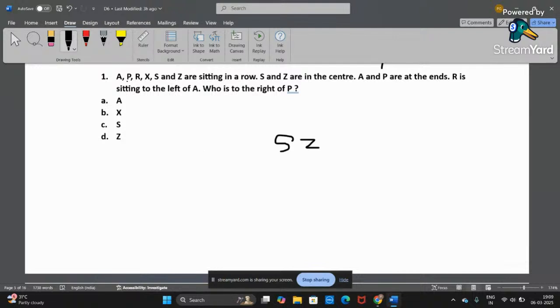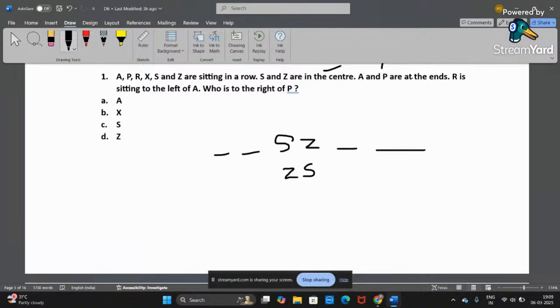How many are there? Totally 1, 2, 3, 4, 5, 6. So this side there will be 2, and this side there will be 2 members. This is not the only possible way, right? Even they can be seated with Z first and S later. These are the possibilities between these two members. So, the statement is done.